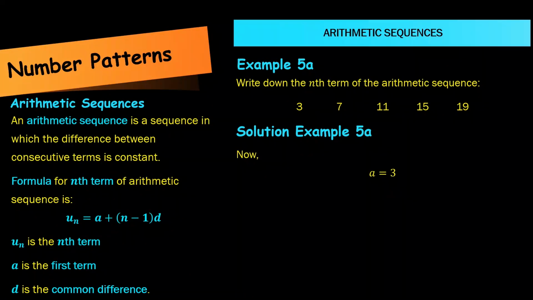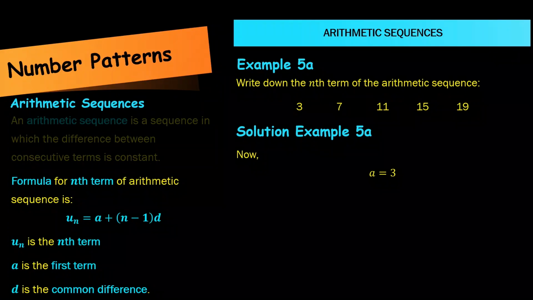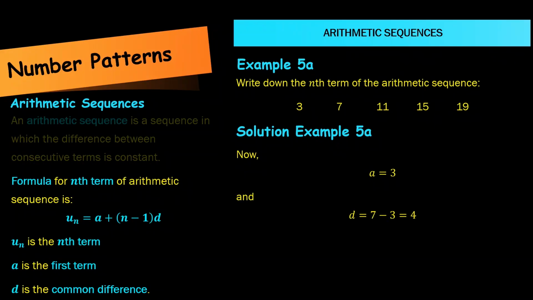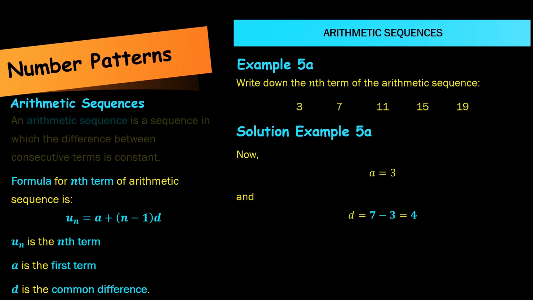The first term is a equals 3. The difference, or the common difference, d, is equal to 7 minus 3, which is equal to 4.